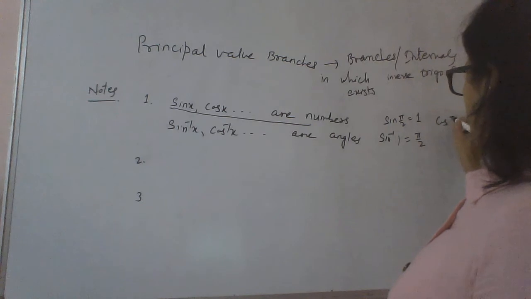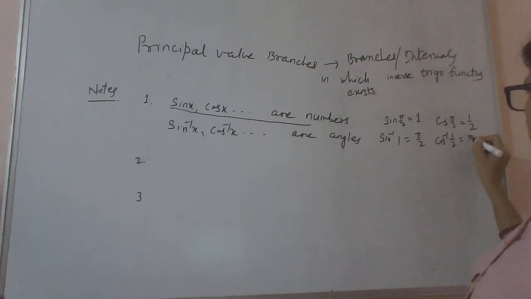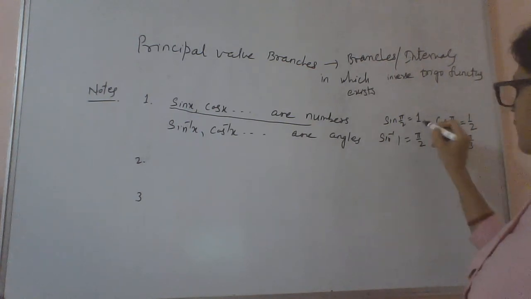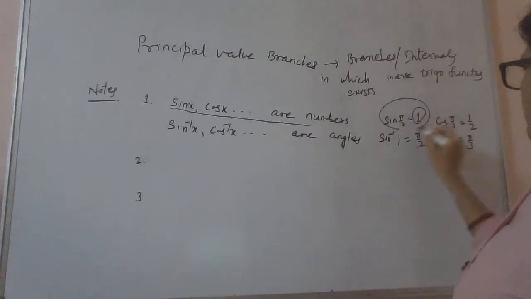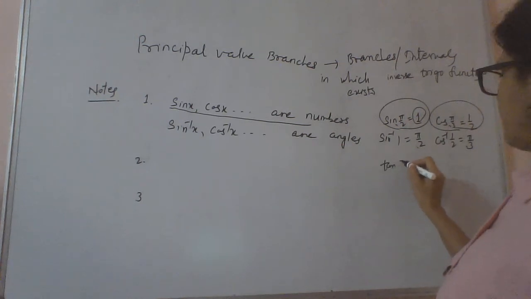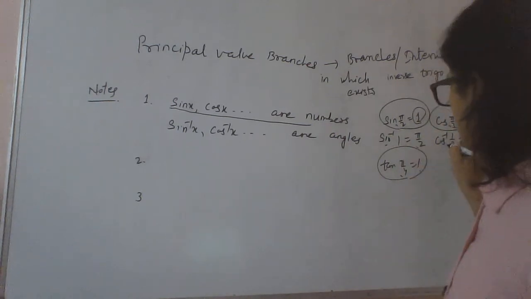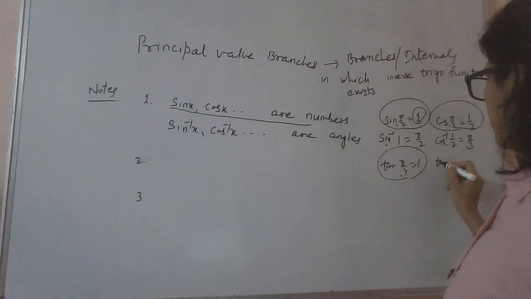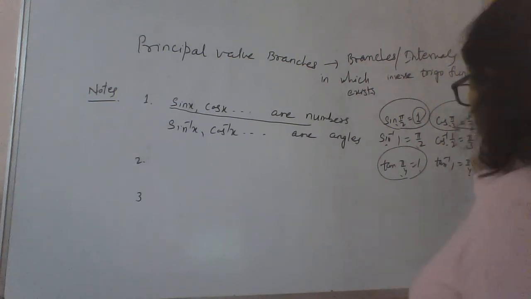Cos pi by 3 equals 1 by 2, cos inverse 1 by 2 equals pi by 3. So sin pi by 2 is a number, cos pi by 3 is a number, tan pi by 4 equals 1, this is a number. Whenever you take sin inverse 1, cos inverse half and tan inverse 1, pi by 4, these are basically angles.